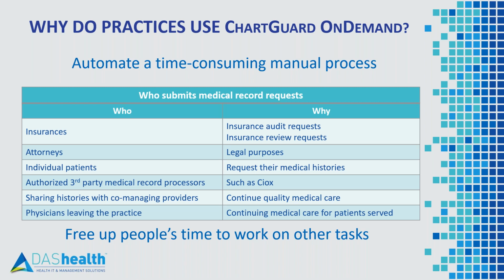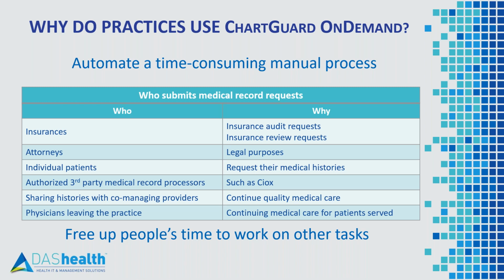And in some cases, we've heard requests from insurances for audit purposes and review purposes. They can get requests from an insurance that requires 50 or 60 patients in one request. And we even talked to a prospect that had a request for 500 patients in one request from an insurance company.